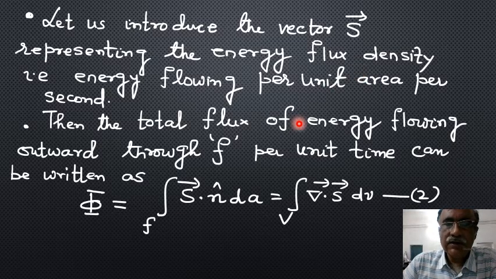Now if we know the energy flux density, we can calculate the total flux of energy flowing through the outward surface F per unit time, which is written as the normal component of the vector S over a closed surface F, which by Gauss divergence theorem is equal to the volume integral of divergence of S dV over the volume V.